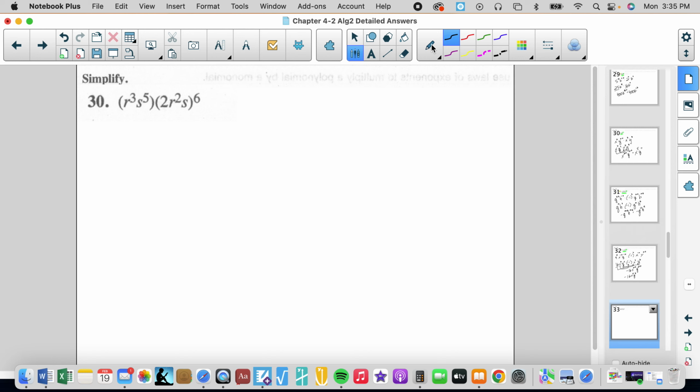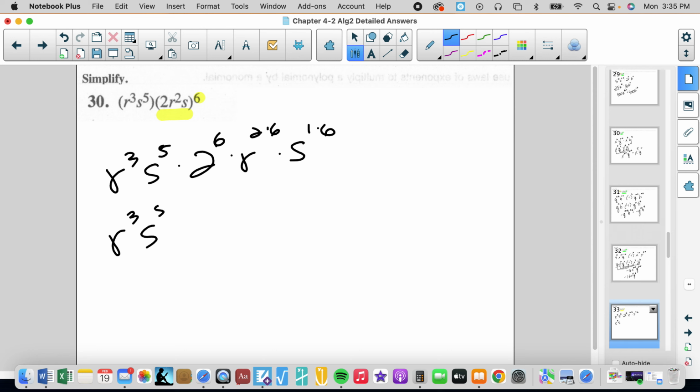All right, now only one has an exponent on that group, that quantity. R to the 3rd, s to the 5th, 2 to the 6th, r to the 2 times 6, s to the 1 times 6. 2 to the 6th is 32, 64.